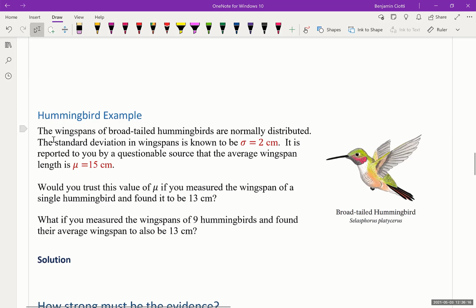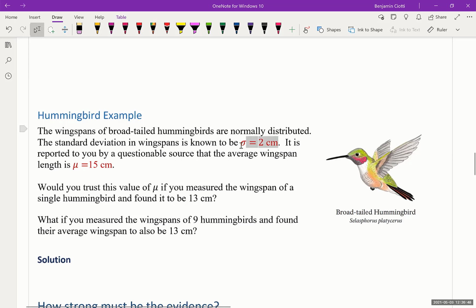So the wingspans of broad-tailed hummingbirds are normally distributed, and their standard deviation is known to be 2 centimeters. And you are told that their average wingspan is 15 centimeters. But you're told this by a questionable source, so we're not totally sure about whether that 15 centimeter average is accurate or not.